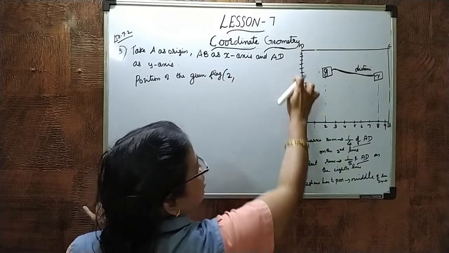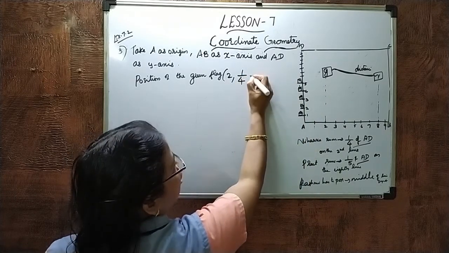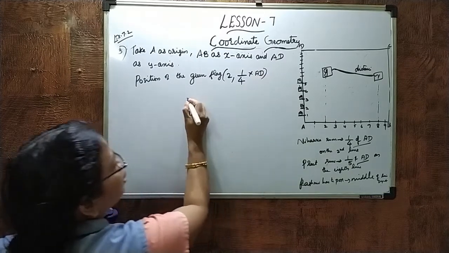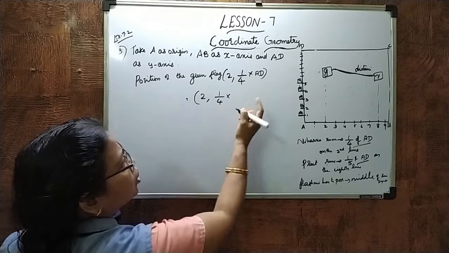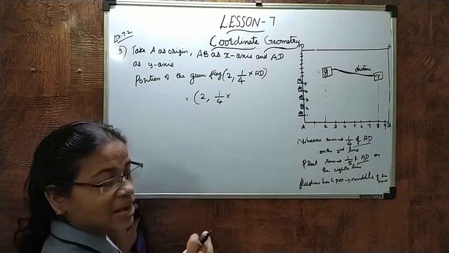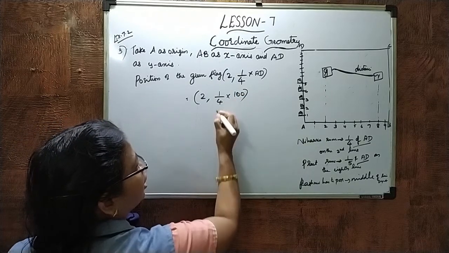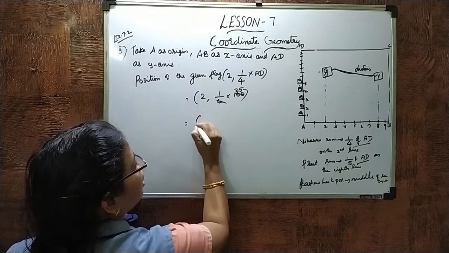Here AD is 1/4th of AD. Of means into AD, right? So it will be 2, and 1/4 into AD. They told us there are 100 flower pots, so AD is 100. 1/4 into 100 is 25.